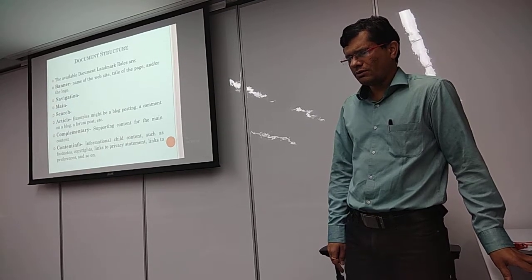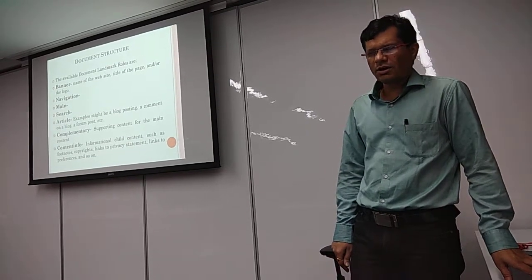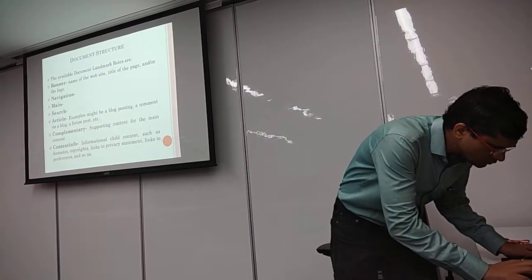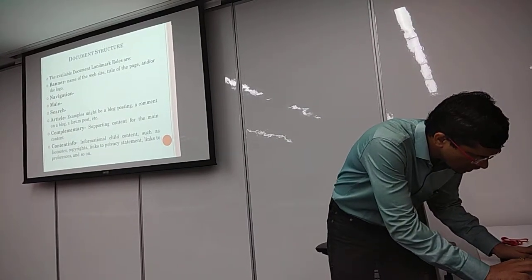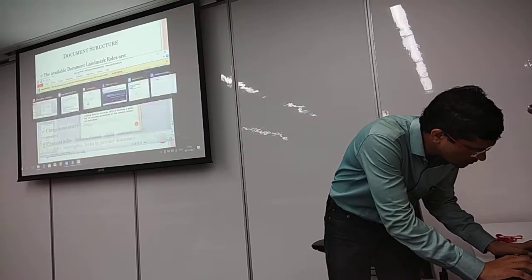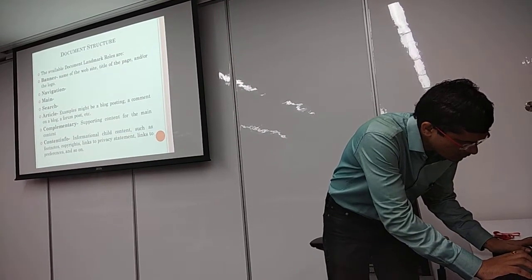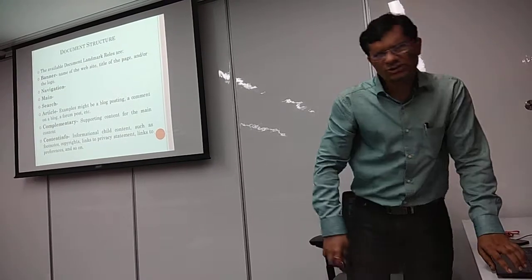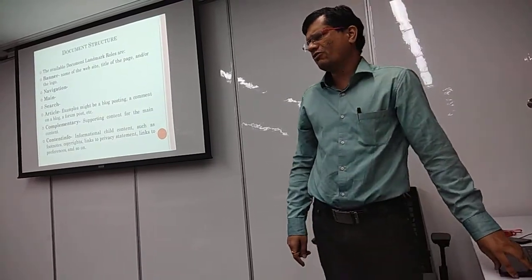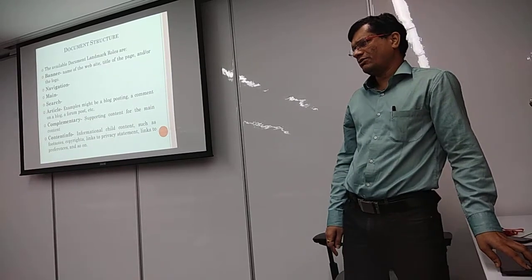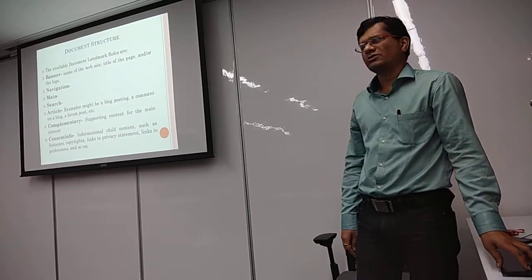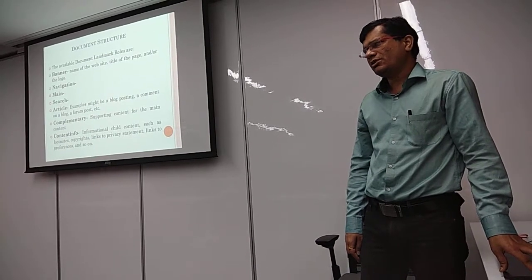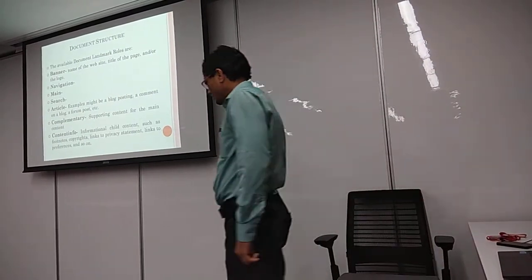Then you have the article region. Article means suppose there is an article, so you can put an article region, like in blogs. Content info means the footer region of the website.